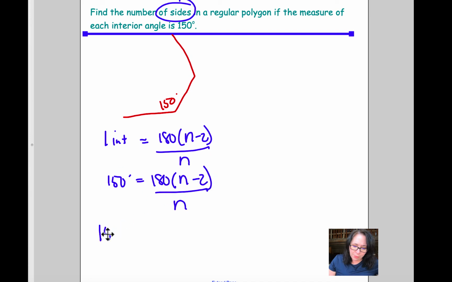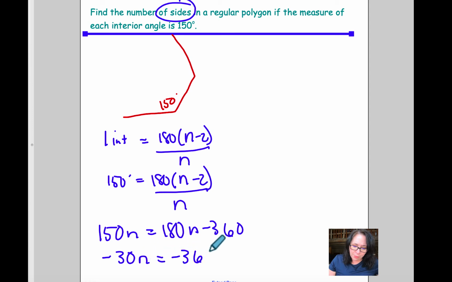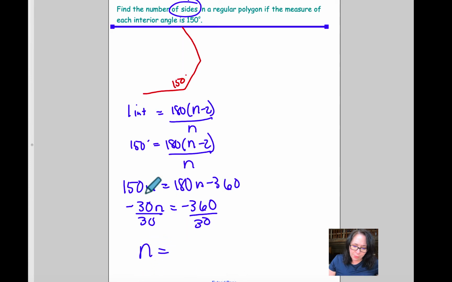Cross multiplying, I get 150n equals 180n minus 360. I would move the 180n to the other side and get negative 30n equals negative 360 degrees. Dividing by 30 on both sides, the negatives cancel. The number of sides is 12.